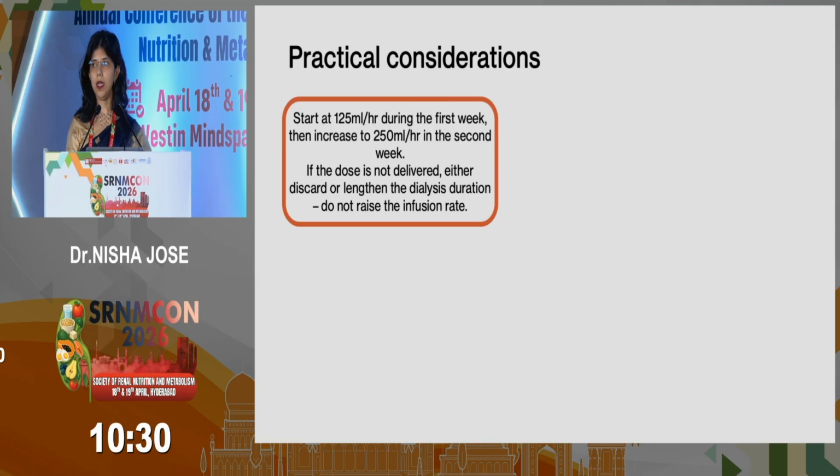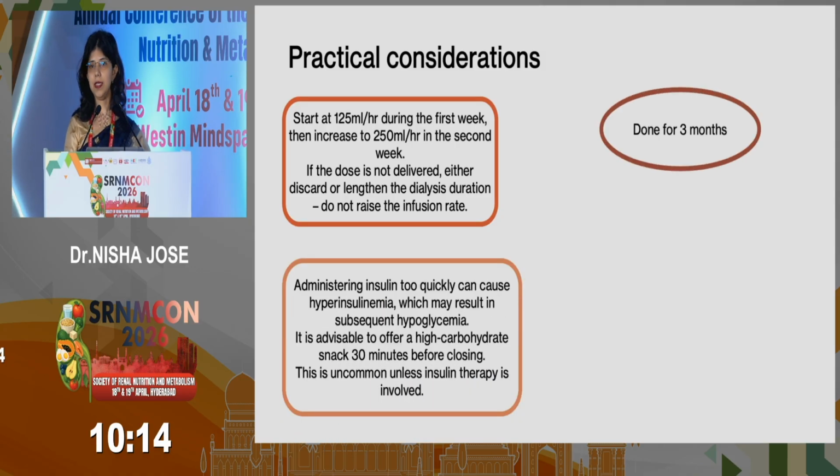Generally, we start at 125 ml per hour during dialysis. So, it is only given during the dialysis session. So, maybe 1 liter will go after you have reached the optimum dose of 250 ml per hour in the second week. Very importantly, it is containing around 800 kilocalories. So, that is like 3 slices of a cheesy Domino's pizza going in one shot.